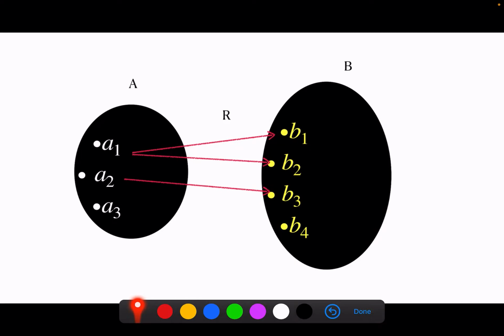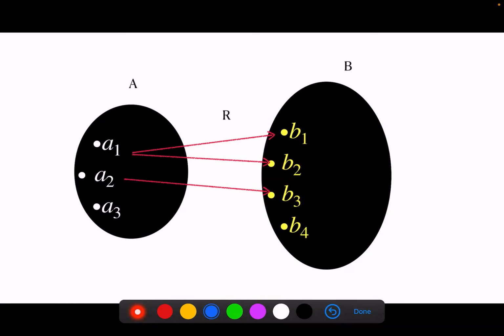Everything that we study in relations and functions depends on our understanding of sets. So here we have two sets, A and B. Maybe it is also a good idea to give some different names to these sets.